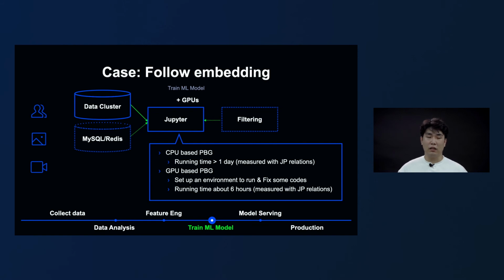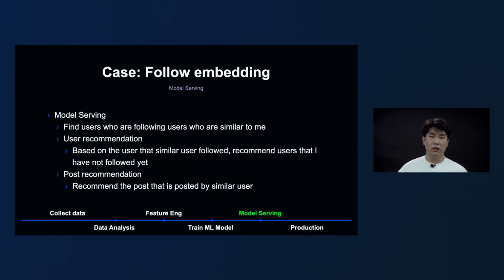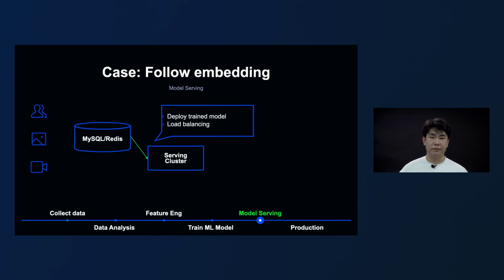And in this stage, we internally fixed the bugs existing in the code and carried out other tasks, including setting up a Docker image environment for training. And we reviewed the scenarios so this could be used for serving. So this was a stage where embedding was prepared so it could be put into actual use as a feature.